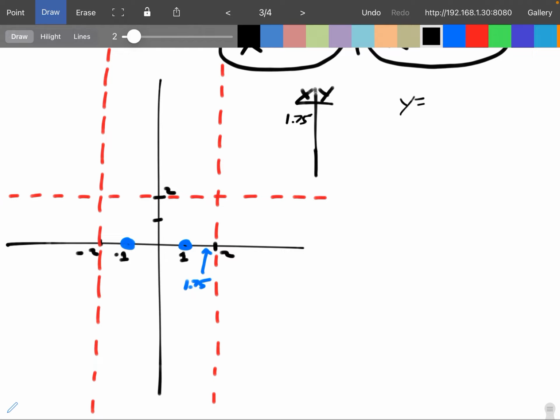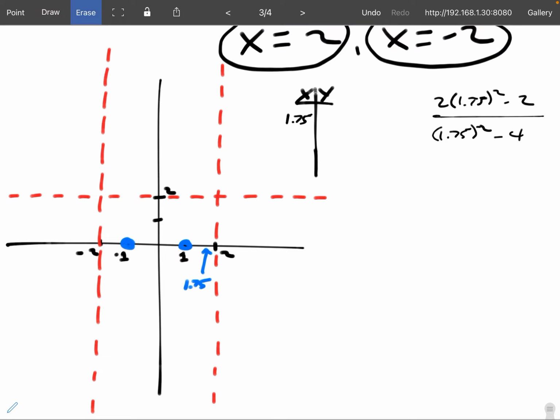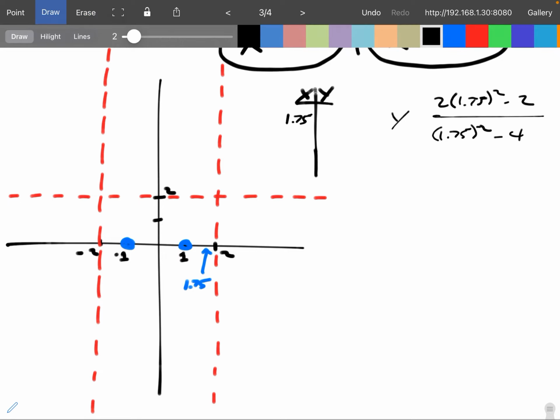So here we go. y equals 2 times the x squared minus 2 all over the x squared minus 4. And let me fix that because that looks weird like that.